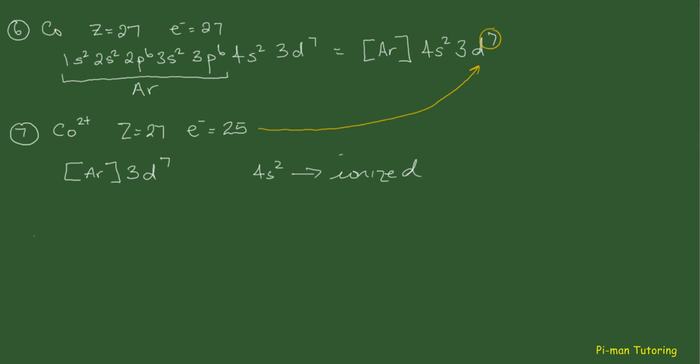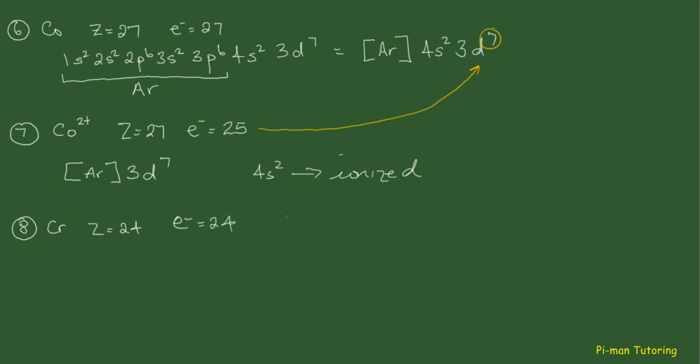Let's look at a couple of elements that are also exceptions. Chromium is a common one. Chromium has an atomic number of 24. So we're dealing with 24 electrons.